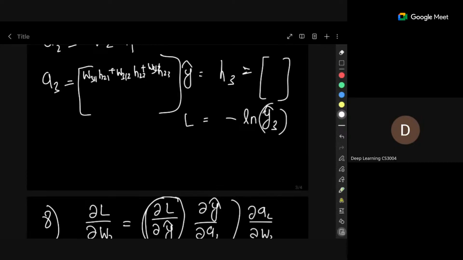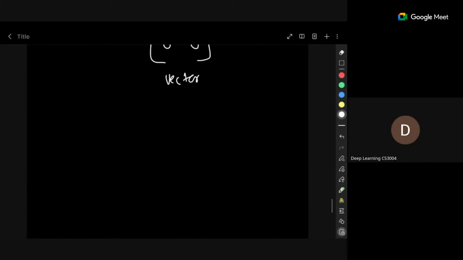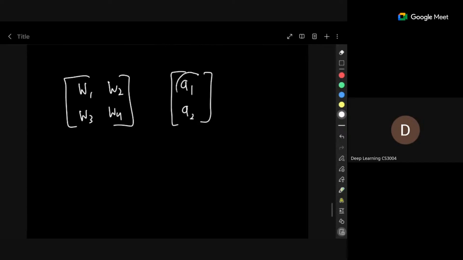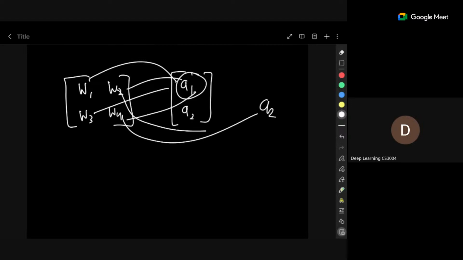Okay. See, if there is a vector and this is a matrix, let's say W, something like 1, 2, 3, 4, and you do a derivation of that with respect to a vector, let's say of size 2, A1, A2, something. So this is what you want to do. How will you do it? You will first take this and do the derivation of this 4. Okay, and again you'll take A2 and do a derivation with respect to that.